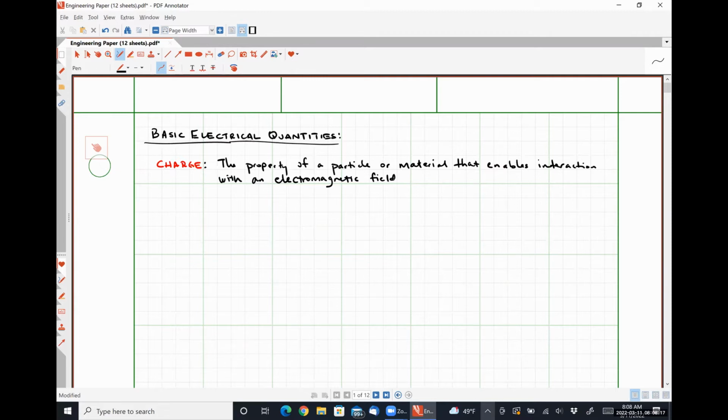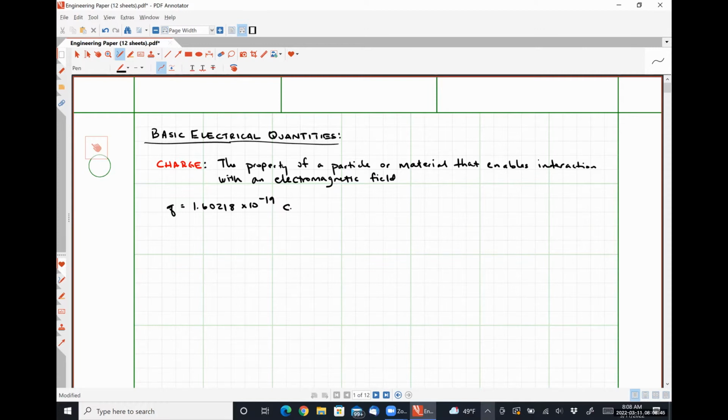All right, so electrical charge is what's called a quantized property. Because there is a fundamental unit of charge, Q, which is 1.60218 times 10 to the negative 19 coulombs.